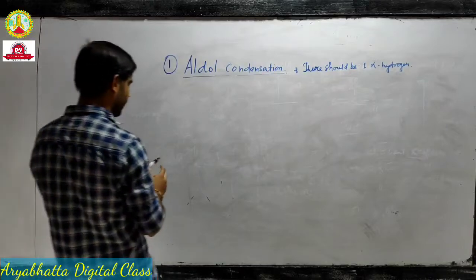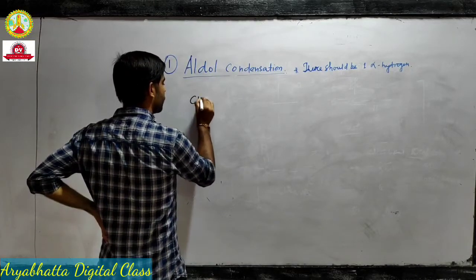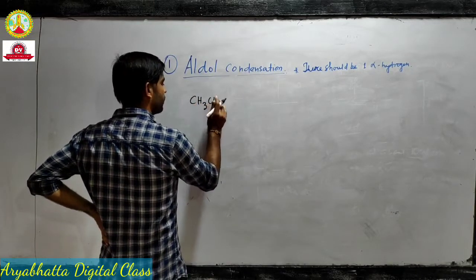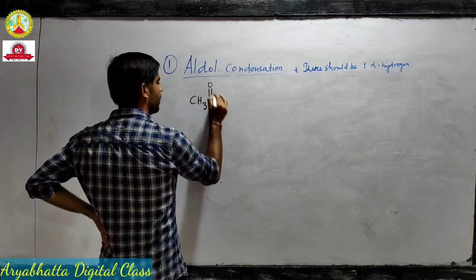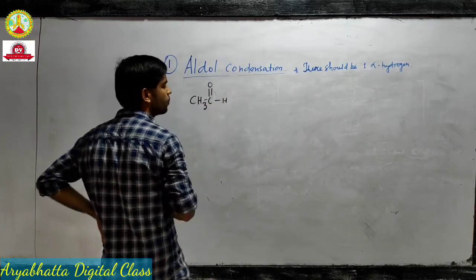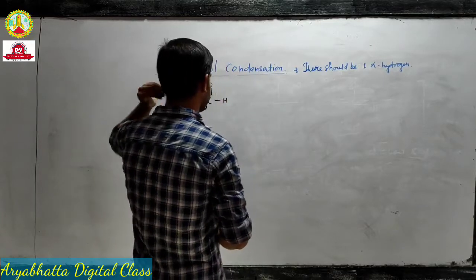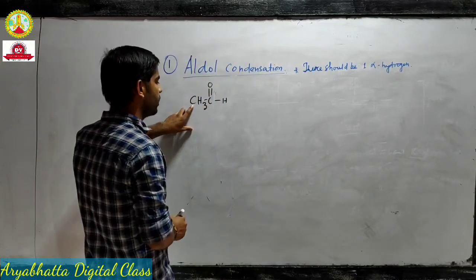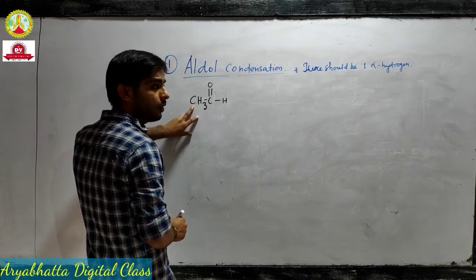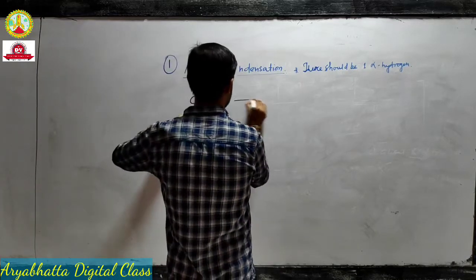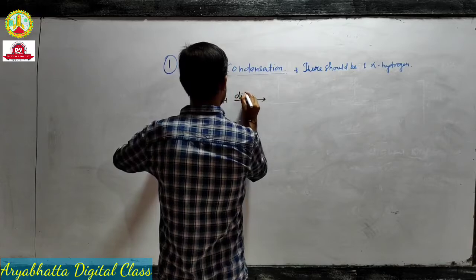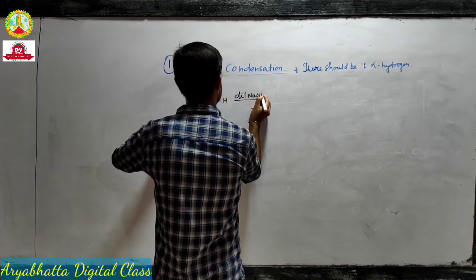Suppose we have ethanol. We will take ethanol as our example. So how will it be connected? The hydrogen will be removed from the alpha carbon, with dilute NaOH.